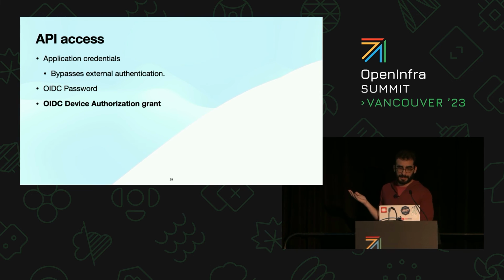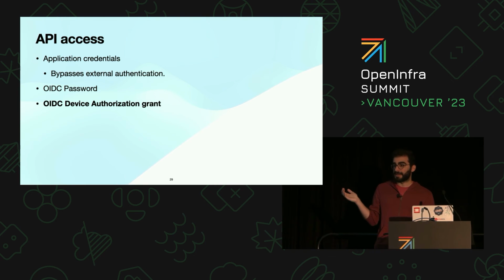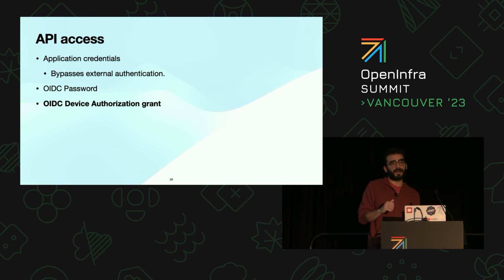And another thing that is fairly new is you can finally use the OpenID Connect device authorization grant. That is something you've probably encountered when trying to authenticate to, I don't know, Disney Plus on the TV.